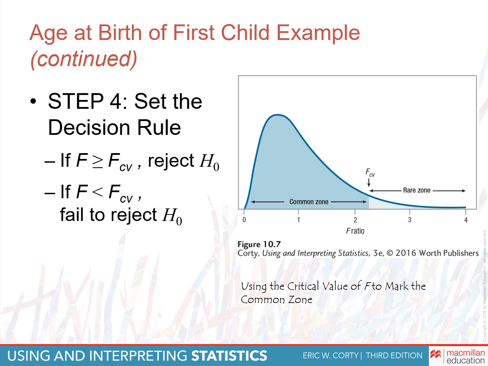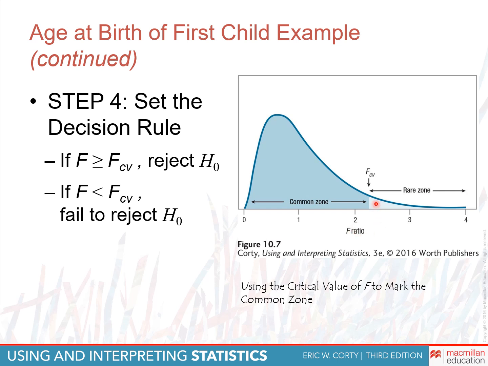This time we're calculating the critical value of F, and that represents our F ratio. We're going to take that critical value of F and then compare it to a test statistic F, which I'll show you how to calculate. And then the critical value of F helps us to determine the common zone versus the rare zone, just as we've seen in our previous test.